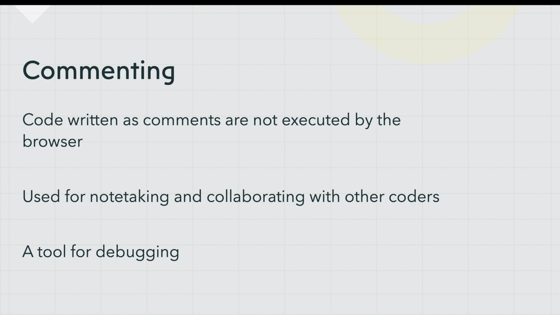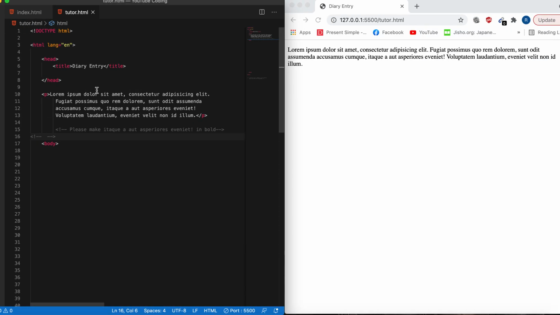And in addition to writing notes, once your code gets very long and complicated, you will find bugs in your code. So you can use commenting for debugging, as everything in a comment is not run by the browser. So you can check for certain issues in specific sections of your code.